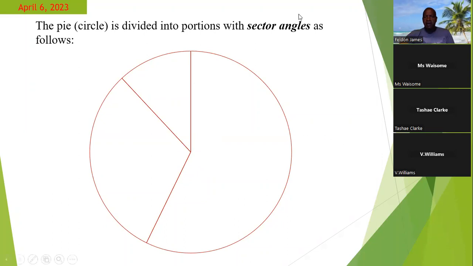What would be the size of the angle of a half circle, Ms. Wilson? 360 divided by 2, sir. What is that? 180. All right, so a half circle would be 180.